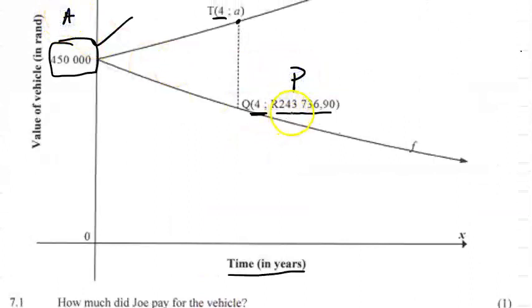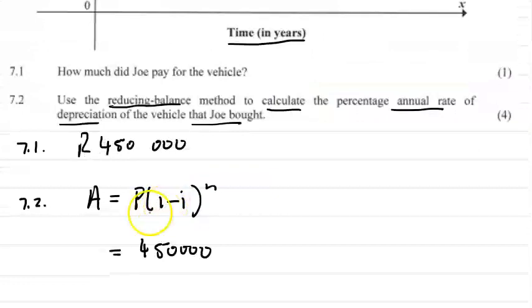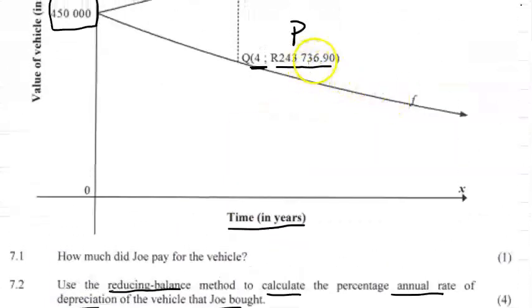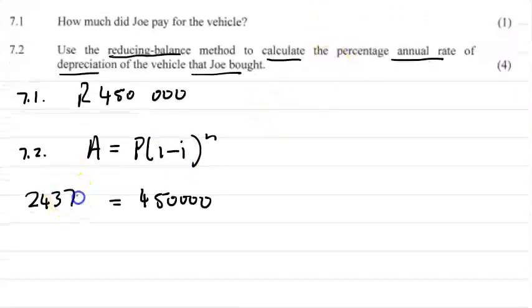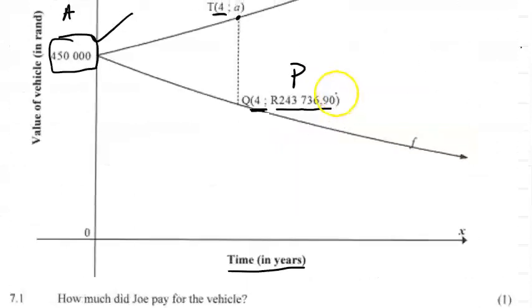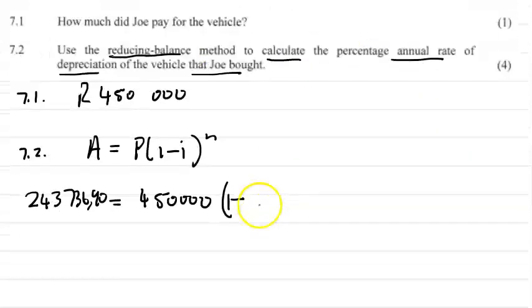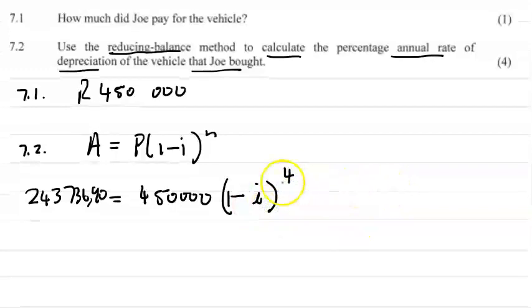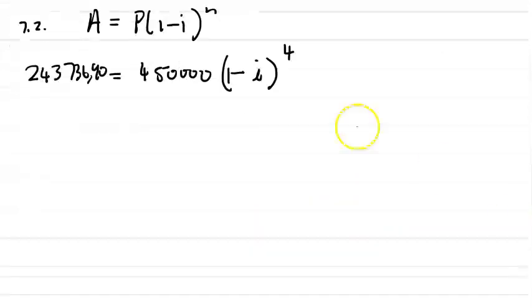Then (1 minus i). I'm required to find the interest or the rate of depreciation, and this happened over 4 years. So once again, as you can see, we are required here to solve for i, my interest.